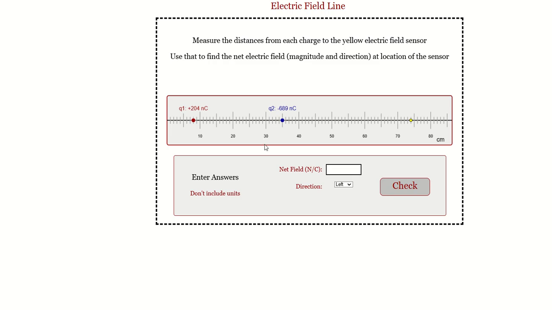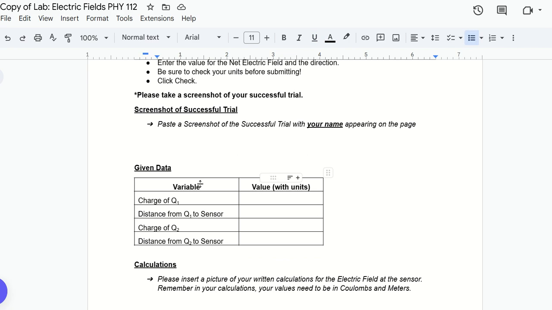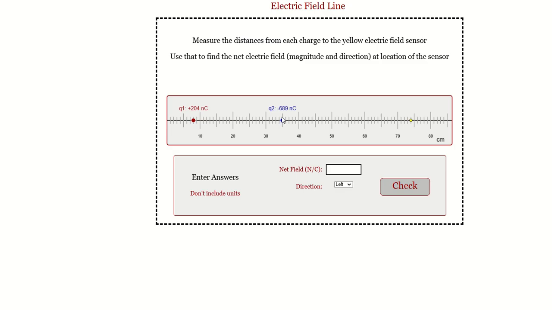Once you have your screenshot, or once you have your correct answer, that is when you're going to go ahead and fill out those variables there based on what the program gives you. Okay, I hope that helps. And again, please make sure you're paying attention to those little details so you don't have to do this a whole bunch of times.